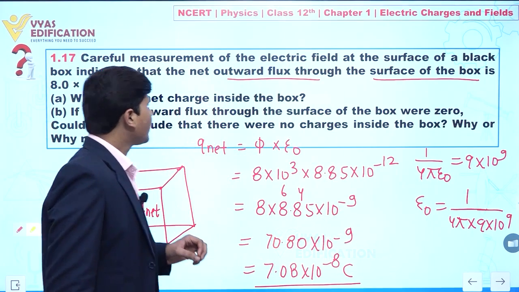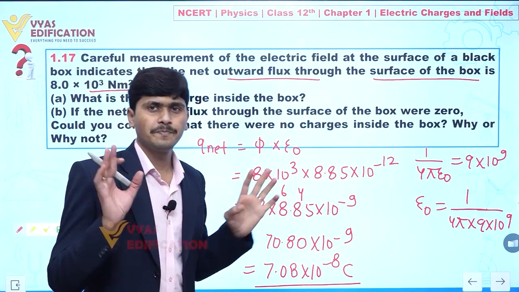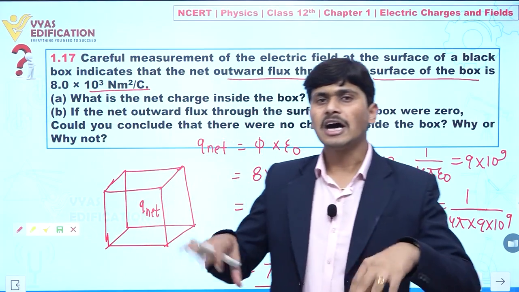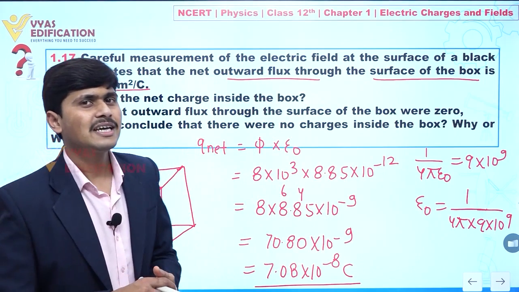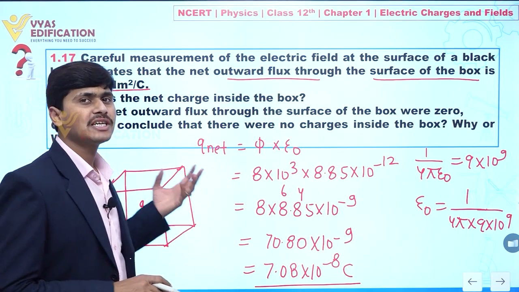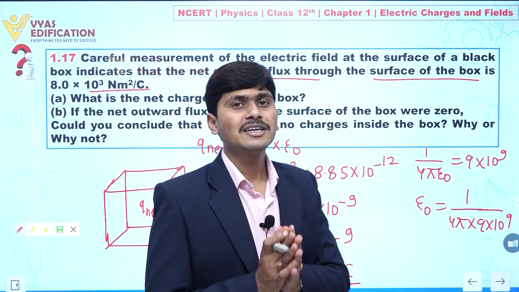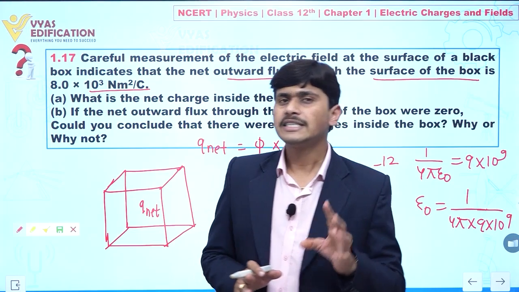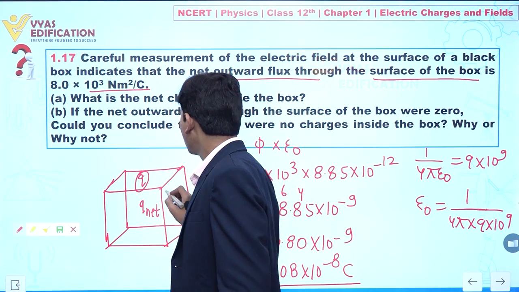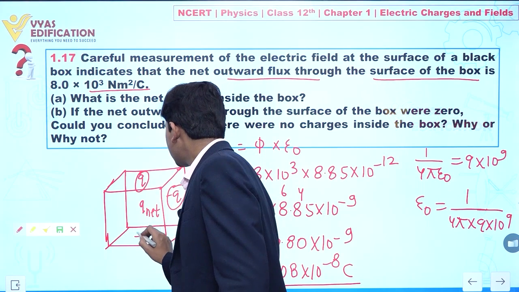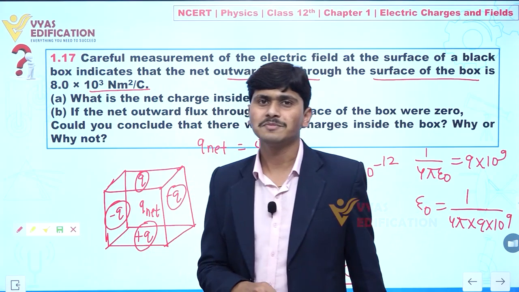Now the second part is given to you: if the net outward flux through the surface becomes 0, can we say there is no charge present in the black box? Wrong, because here we are talking about net charge. Net charge means there is a possibility that we have charges q, minus q, plus q, minus q, and the net charge becomes 0.